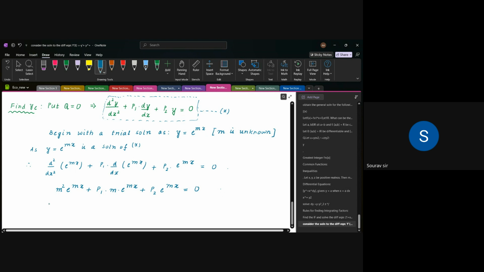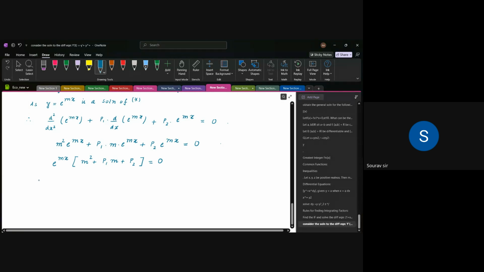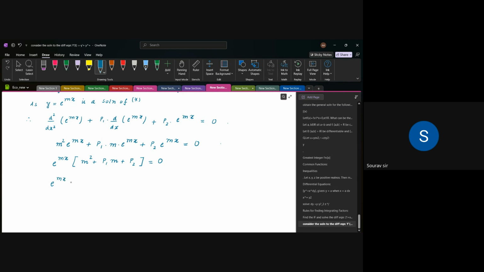From here, I can take e to the power mx out common. So you will have m square plus p1 m plus p2 equals 0, right? We know that the exponential term cannot be 0.